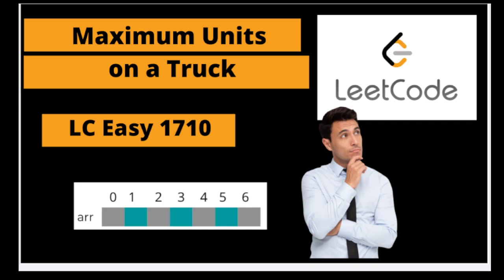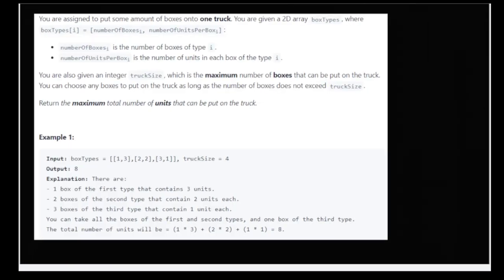So let's get back to the question now. The question says you are assigned to put some amount of boxes onto one truck, and these boxes have been given in a 2D array. The 2D array consists of the number of boxes and the number of units per box. So the number of boxes and how many units are inside a box, that's given. You are given a truck size, that's the maximum size it can hold.